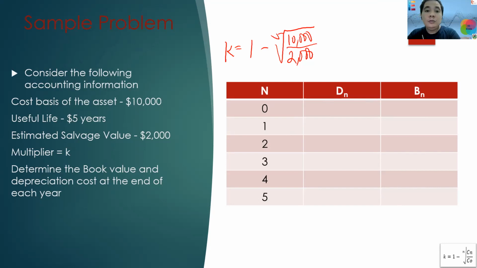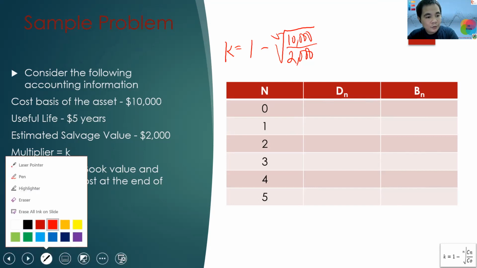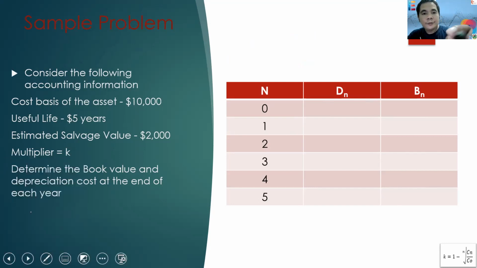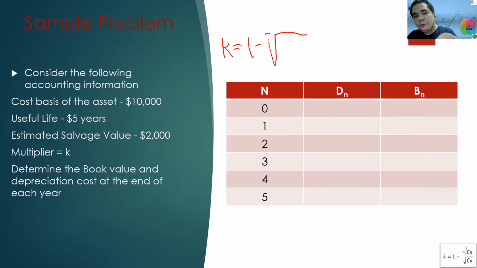Oh, I made a mistake. So, I erase first. So, K is equal to 1 minus the fifth root. Okay, 5 years it is. Cn refers to the salvage value, which should not be equal to 0.